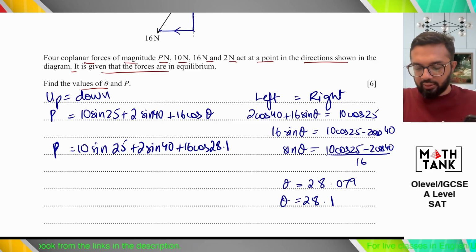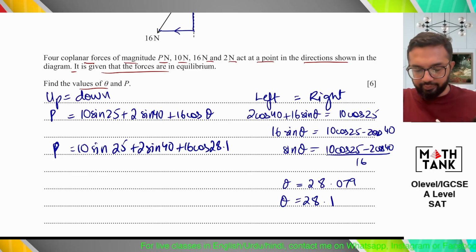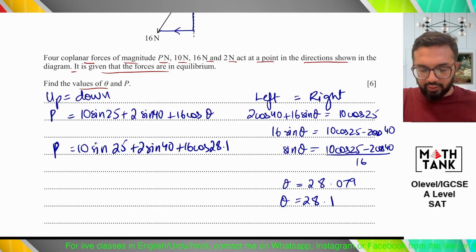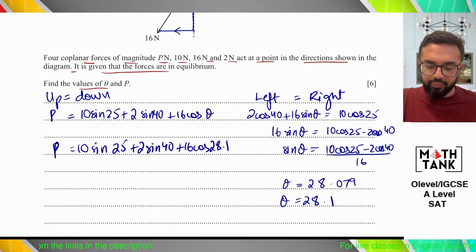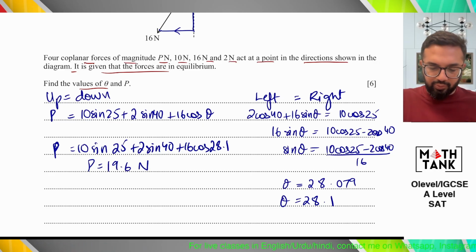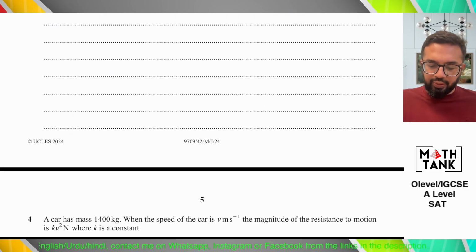Do I get 2 sine 40 and 10? 19.6. 19.6, the value of p. Yep, those are the correct answers again.